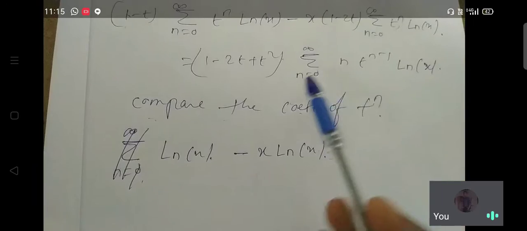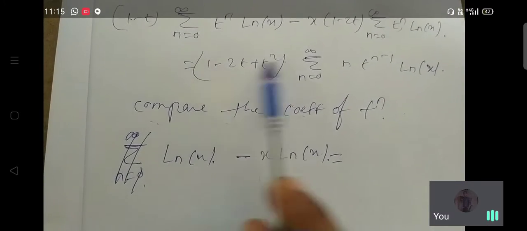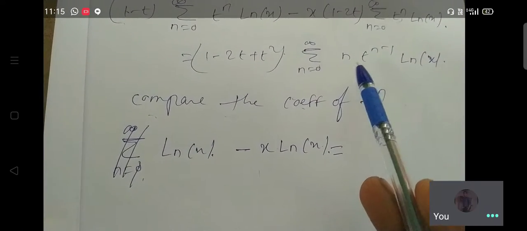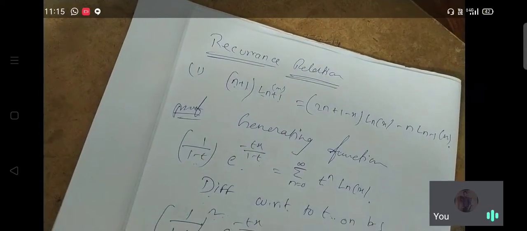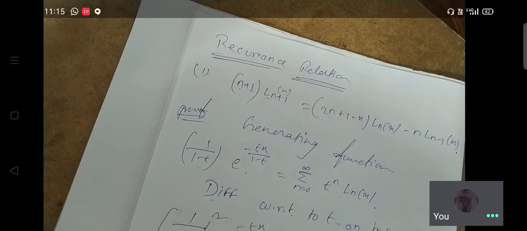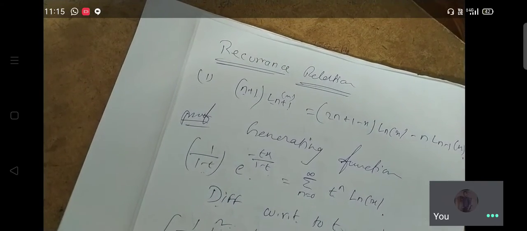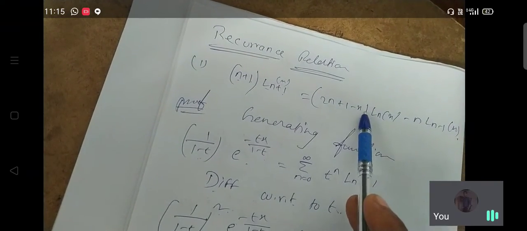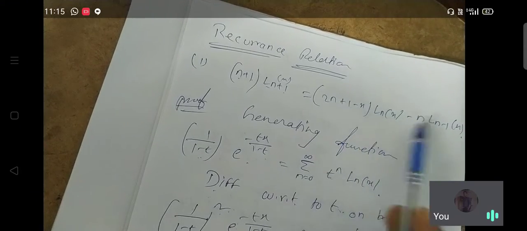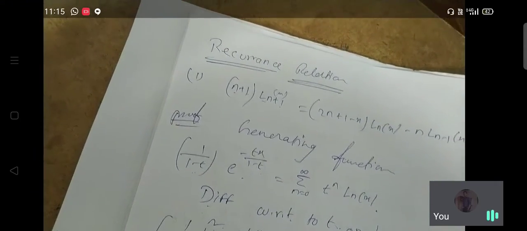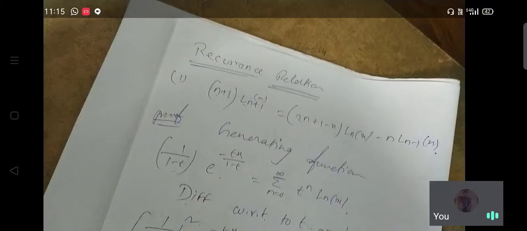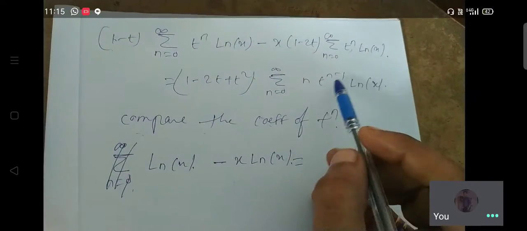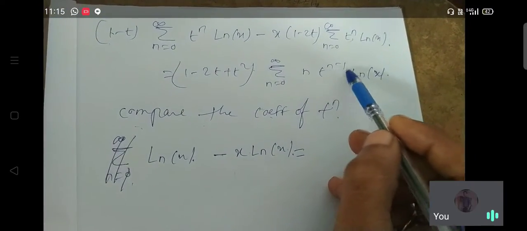so 1 into this whole summation we won't get, right? So we got minus x into L_n(x), so we have to get 2n, and you have n minus 1, right?